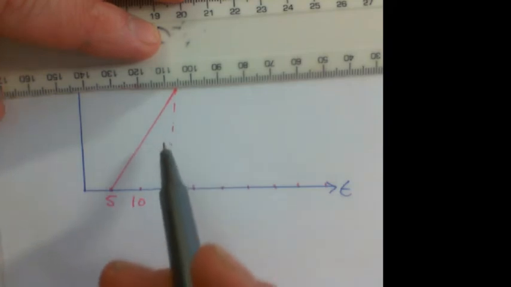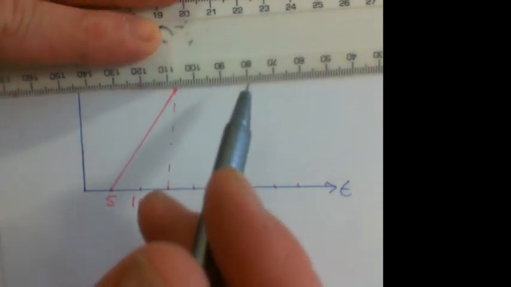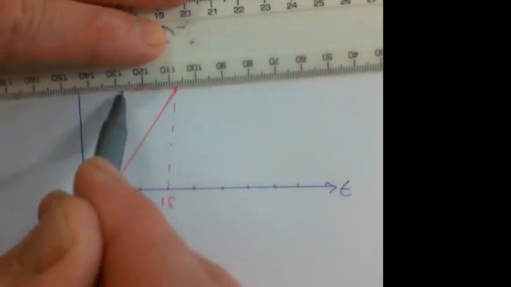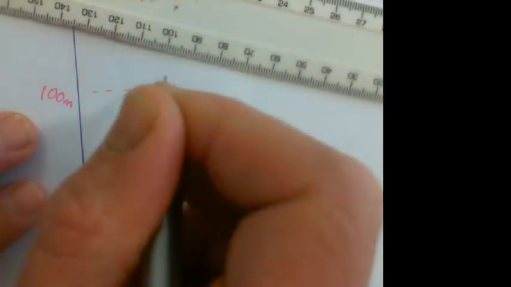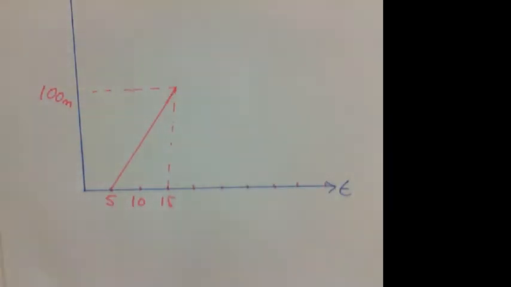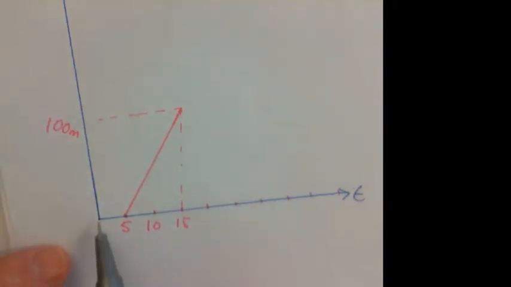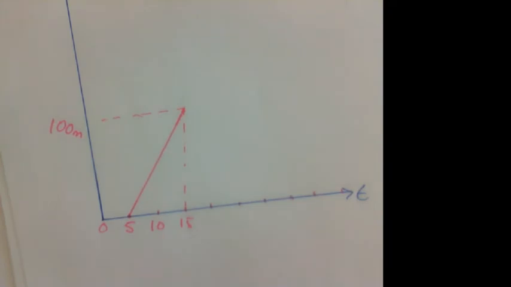I'm really, really fast once I get going. So it took me 5 seconds to get going, so my distance didn't increase in the first 5 seconds. But when I did get going, I did 100 meters in 10 seconds, a bit like Usain Bolt.